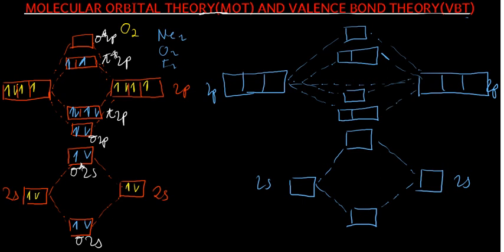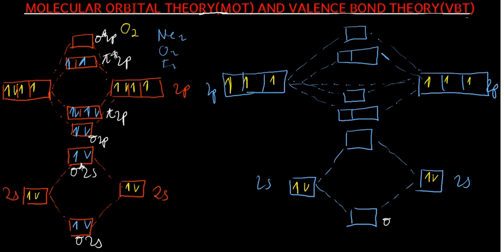So we can put in our electrons now. We saw that the 2s had 2 electrons, even this side, and then the 2p had only 3 electrons. So 1, 2, 3 and then 1, 2, 3 there. Let's first label the molecular orbitals.